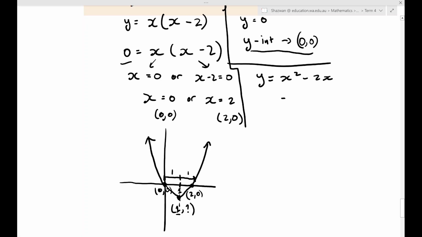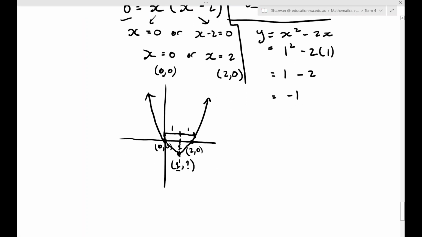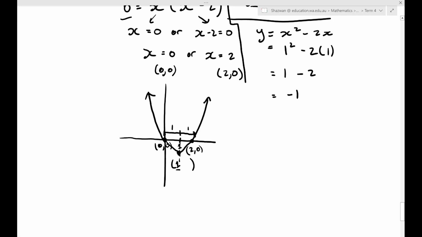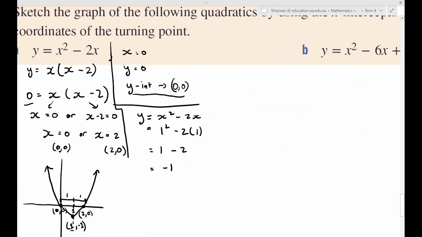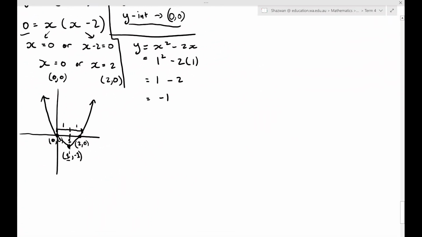So we're going to have 1 squared take 2 times 1, that's going to be 1 take 2, negative 1. So we see that the y value down here is negative 1. So our turning point is (1, -1). So pretty useful for getting these roots out, but we have to find our turning point manually.